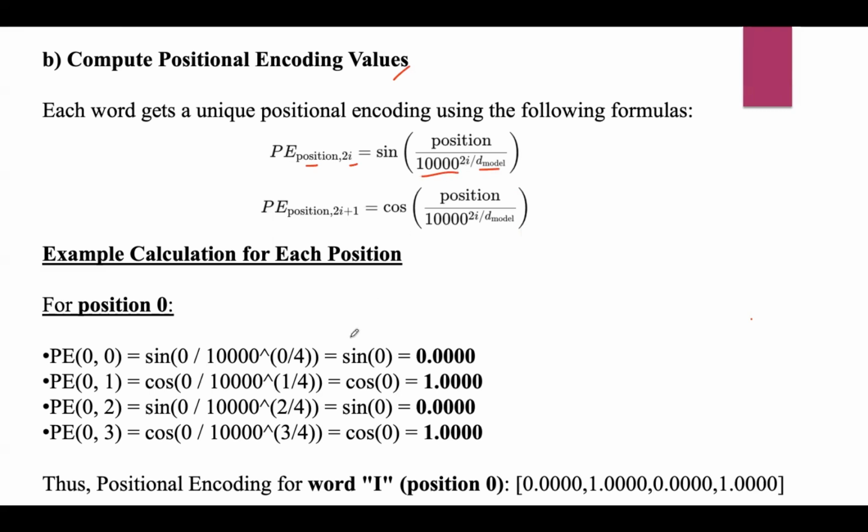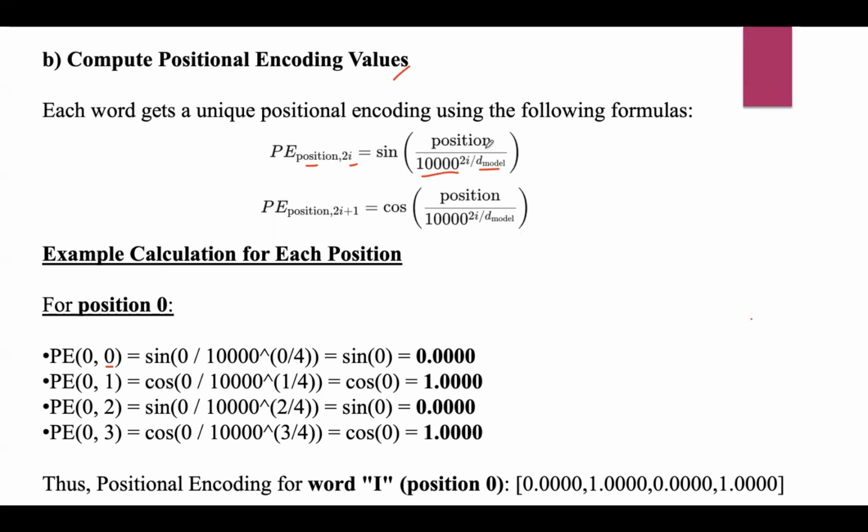Okay, so let us just substitute values here. For position 0, if the position value is 0 and the index value is 0, you'll get 0 comma 0.